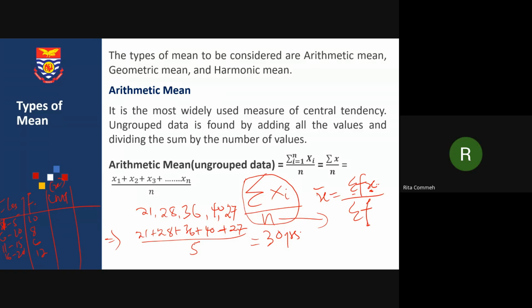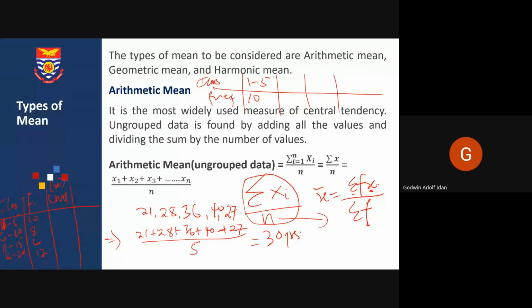Yes, sir. So you compute the class midpoint. Sir, please come again, I beg. Yes. So we are trying to compute the mean for this question. We have the class 1 to 5 with a frequency of 10.